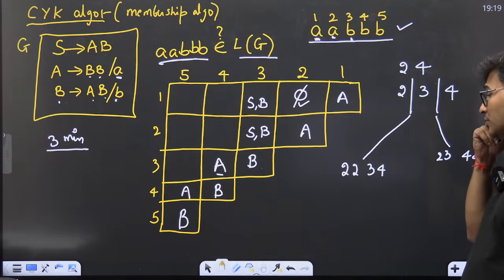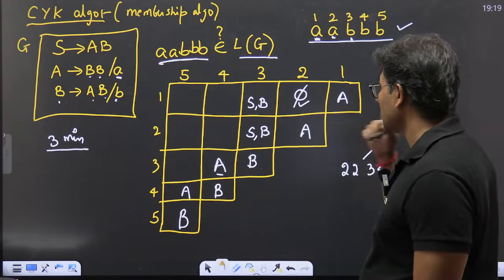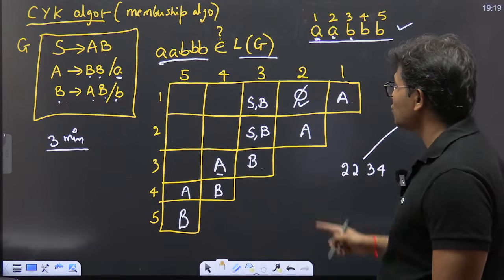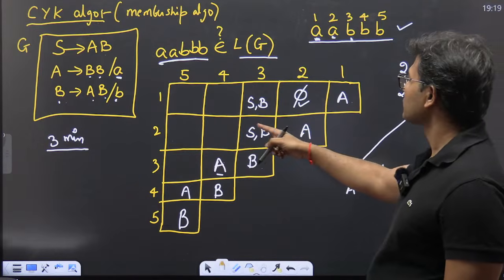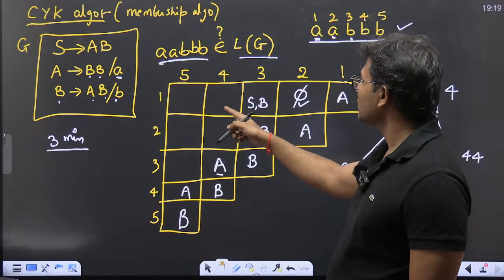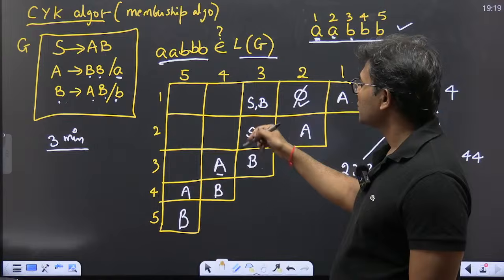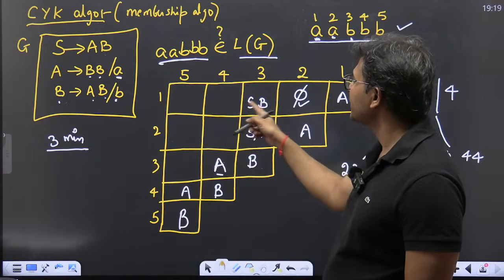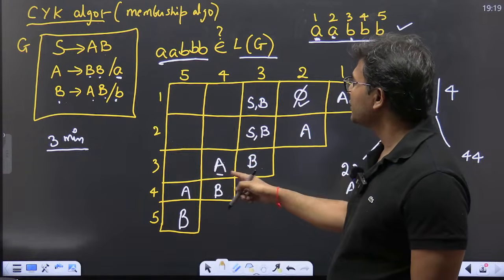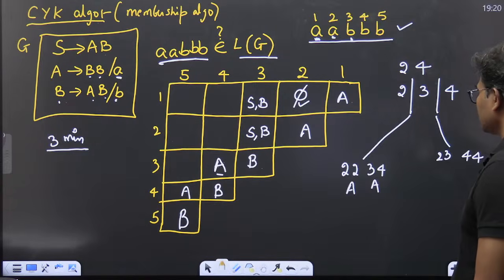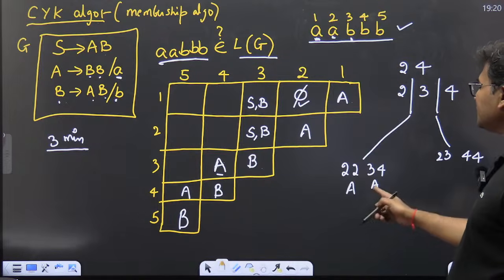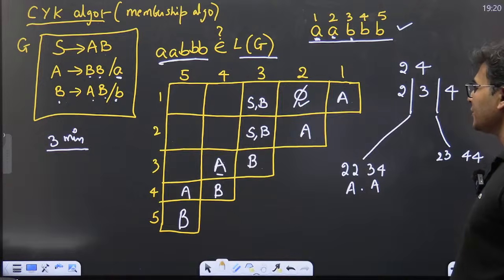Now go to the table and see what is 2, 2. In this table, 2, 2 is A. And what is 3, 4? 3, 4 is A. Now see, this is concatenation, right?